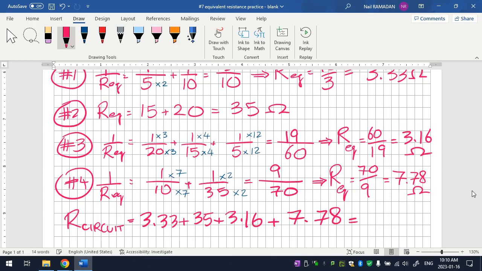How much is that all in ohms with 2 decimal digits? 17.27. How many people got 17.27? Just confirmation. Anyone? Come on, people. Well, you know what? Let's do it. 8 plus 6 is 14. 4 plus 3 is 7. 27 approximates to what?